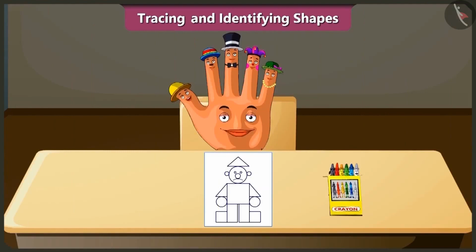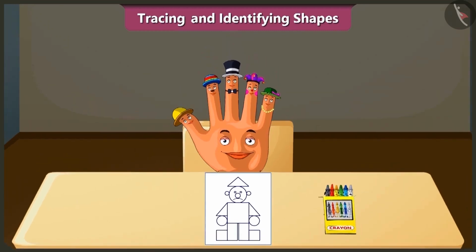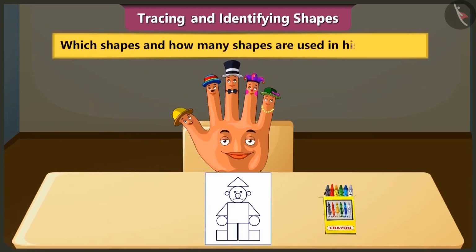Hello friends, look, this is a picture of a doll made using shapes. But why is this doll sad? Because the doll wants to know which shapes and how many shapes are used in his making.